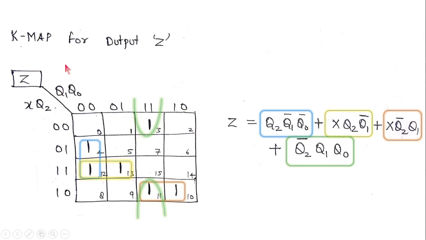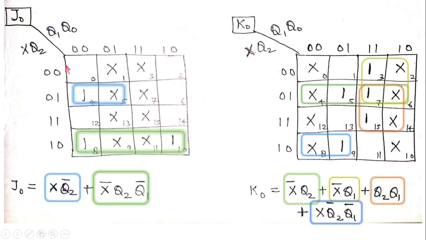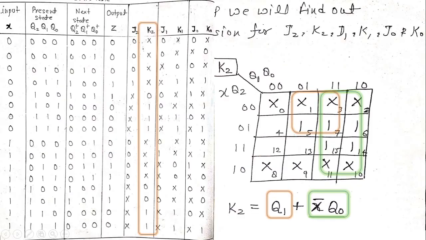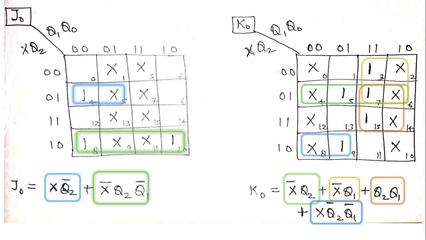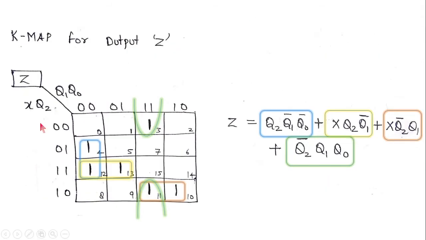How will we fill it? You can see that Z is 1, high, at 3, 4, 10, 11, 12, 13. So we will go to those.